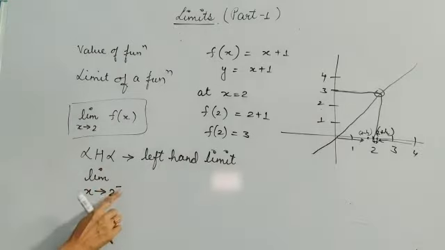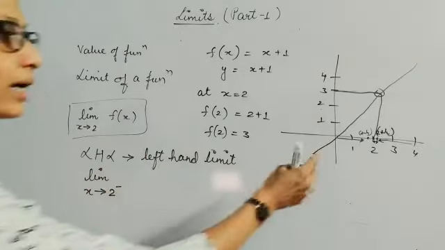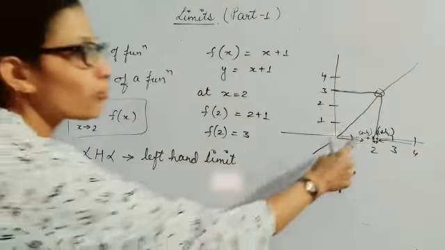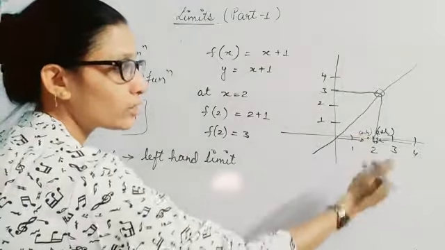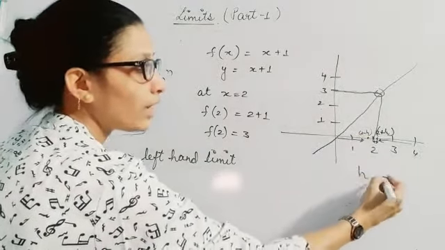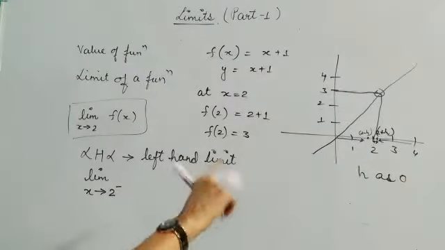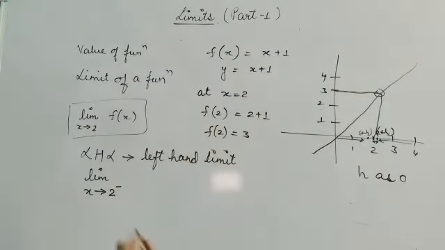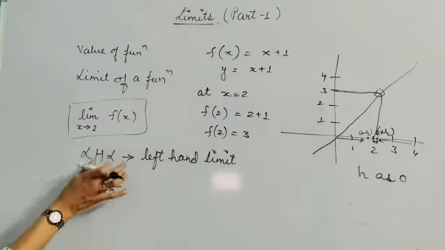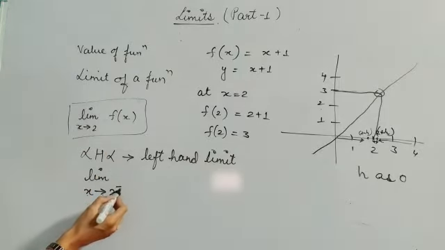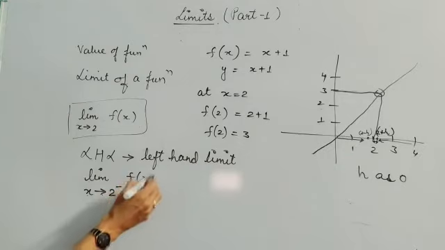Why 2 minus? Because we are subtracting some negligible value from 2, that is 2 minus h, and we always take h as 0, that means h also tends to 0. So whenever you are writing LHL, you will always be writing x tends to 2 minus, and this will be the function.